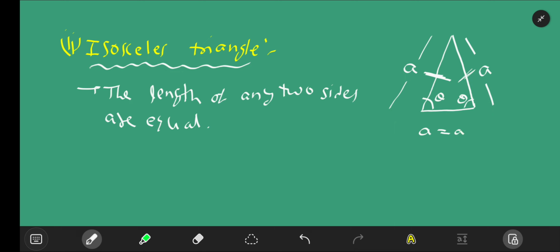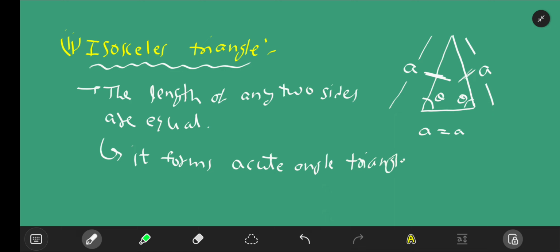Now, isosceles triangle forms acute angle triangle. Also, it forms right angle triangle.